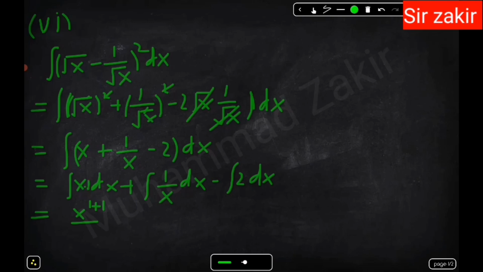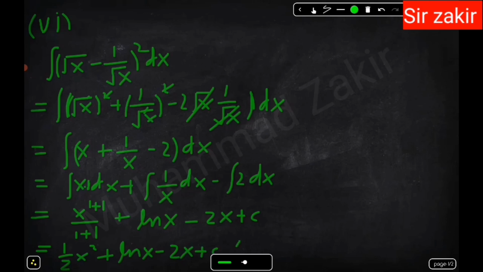So the integration is the power increased by 1 and divided by that value, plus this is the derivative of natural log of x, so its integration is natural log of x, minus the integration of 2 which is 2x, plus c. Then we have 1 by 2 x square plus natural log of x minus 2x plus c. This is the answer. Next we do the seventh part.